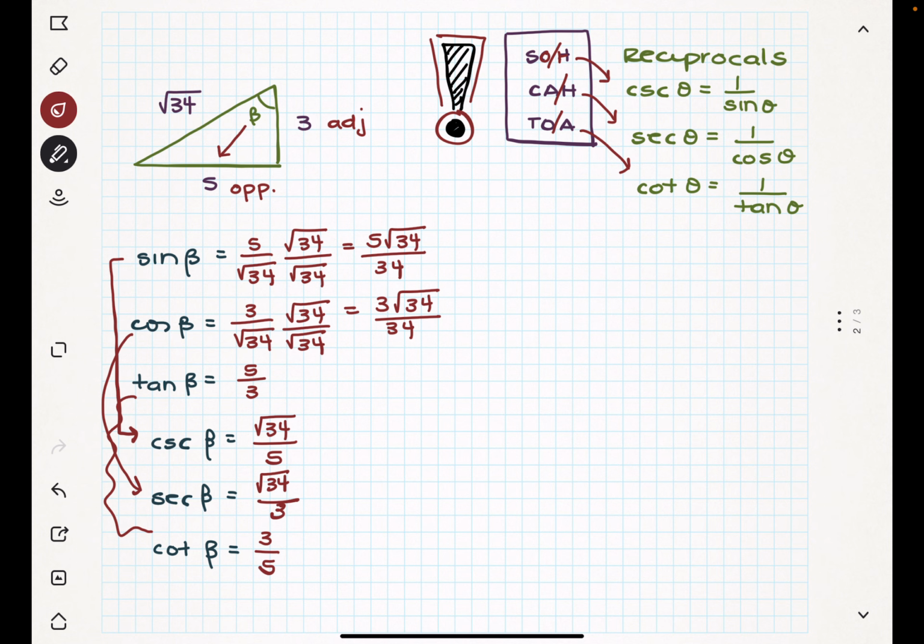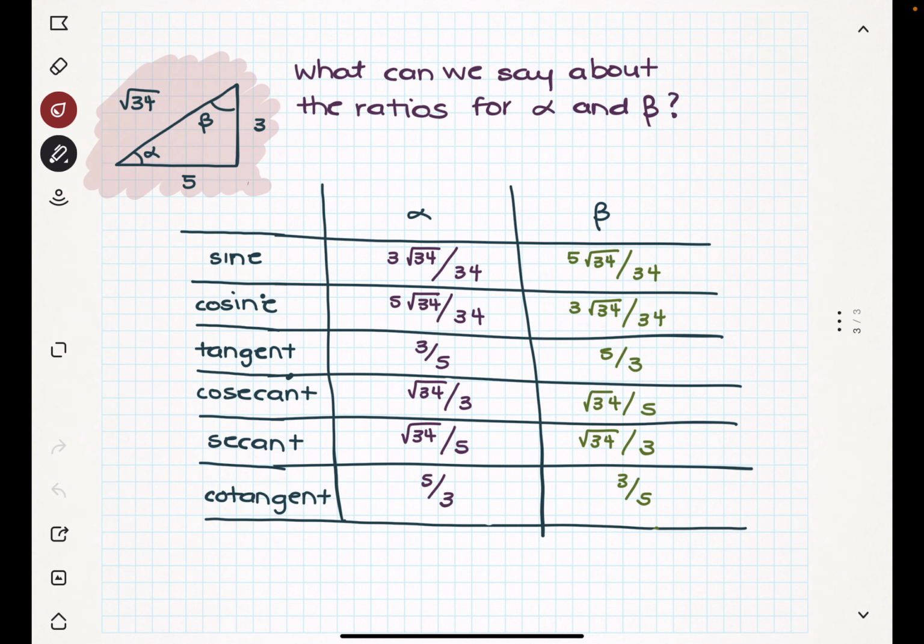So now let's see what happens. What can we say about the ratios for alpha and beta? So that's what we found. If we look here, alpha is this one right here. Beta is this one right here. And this is the information that we did on the past two slides. So what can we see? We see that for the same triangle, the sine of one is the cosine of the other.